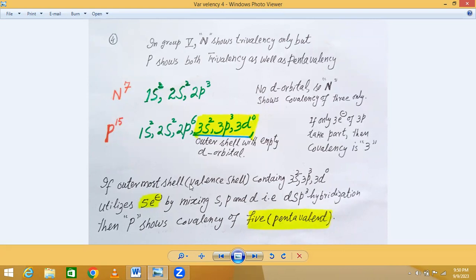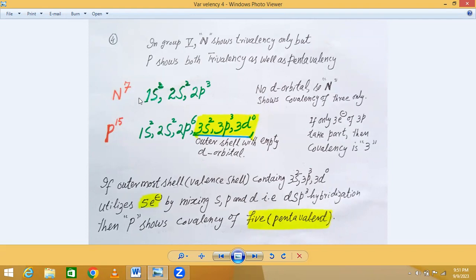If the outer shell, also called the valence shell, containing 3s2, 3p3, 3d0, utilizes 5 electrons by mixing s, p and d orbitals, hybridization like dsp3 would occur. Then phosphorus will show a covalency of 5.